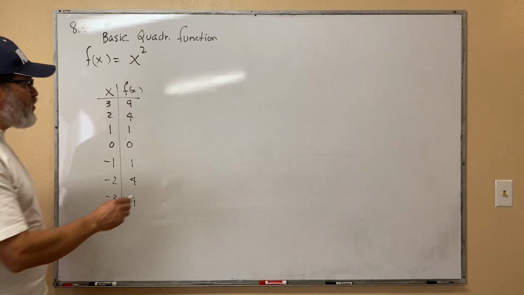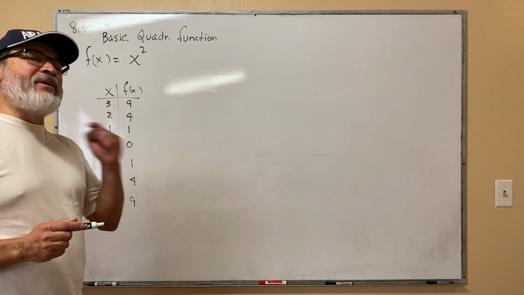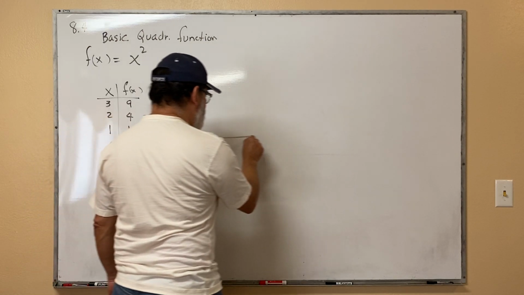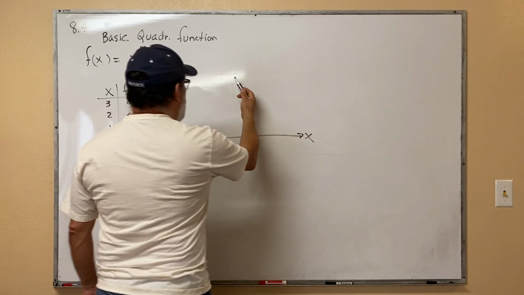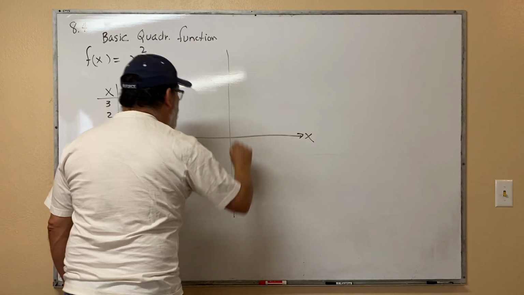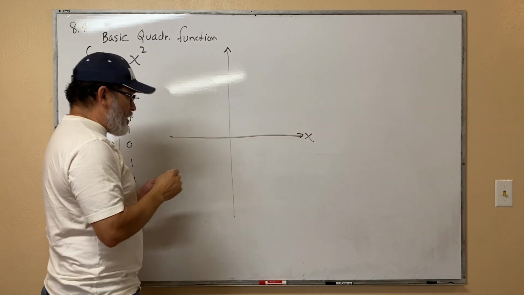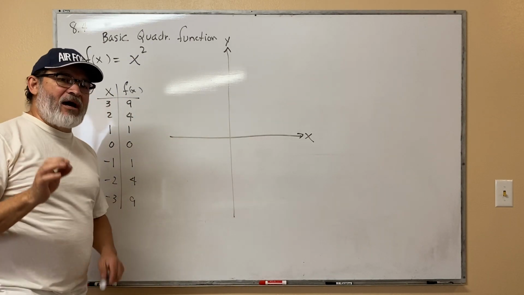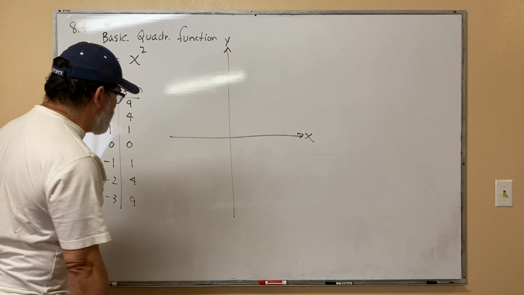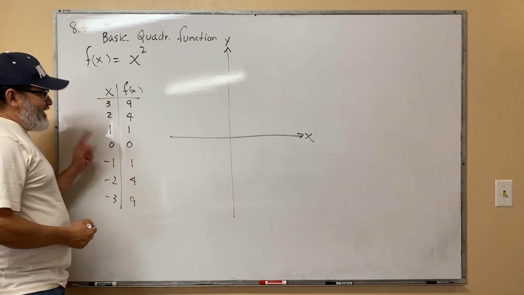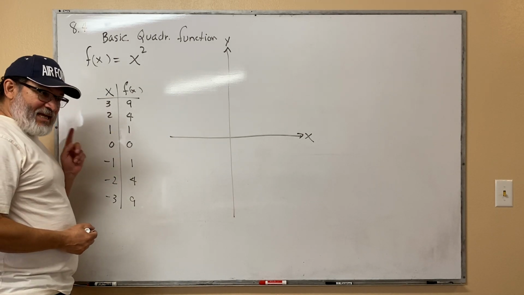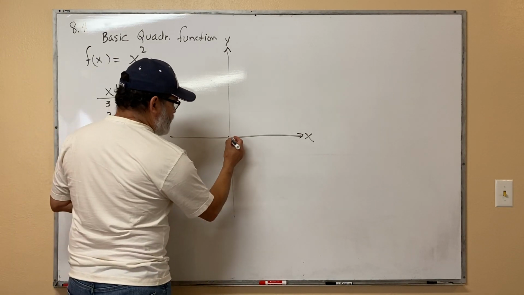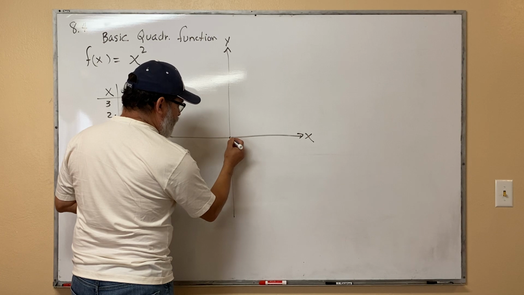When you graph, I want you to see the behavior. So here's x and y. I want you to understand the behavior of this function. The vertex, in this case, is going to be 0, 0.